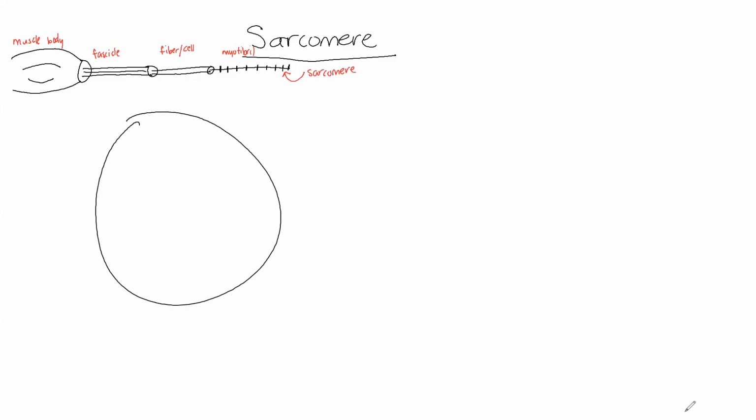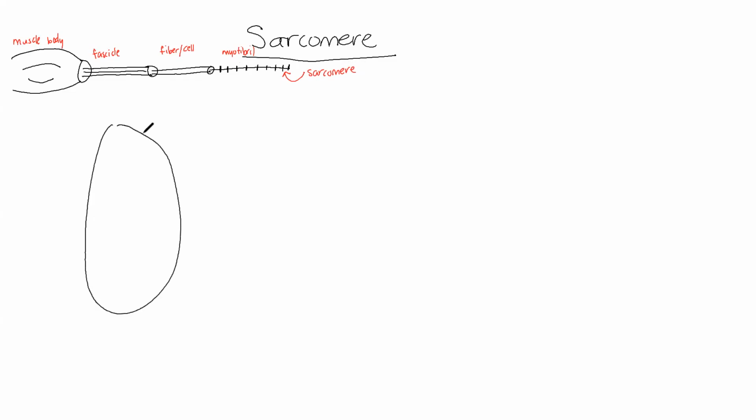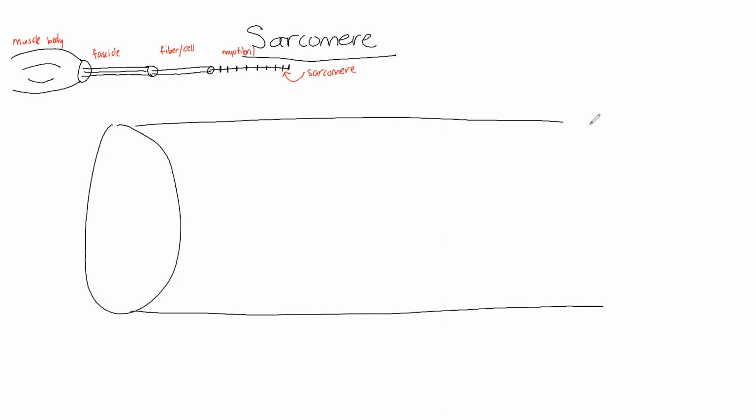Let's make that a bit smaller here. All right, so along the center, we've got the thick filaments here. These are joined together by the M line. We'll label these out in a bit.